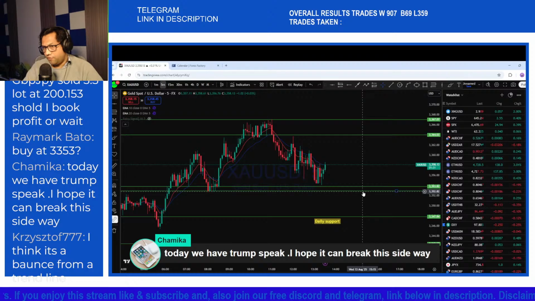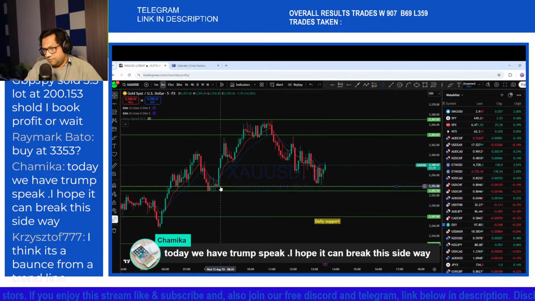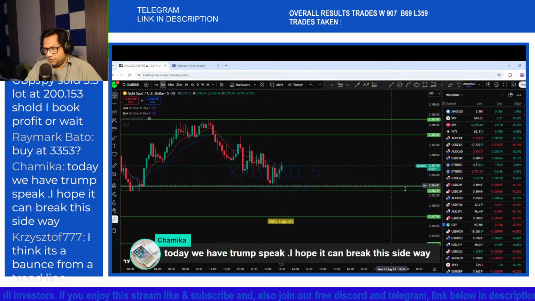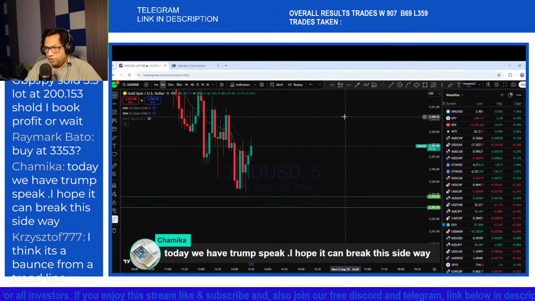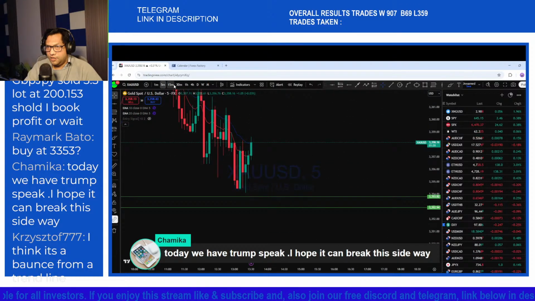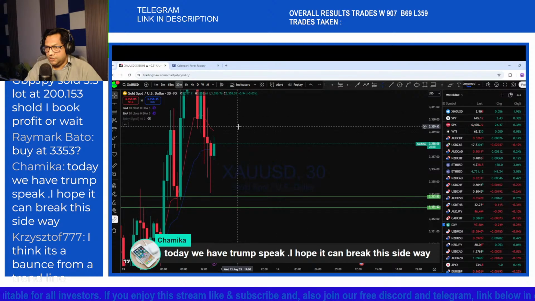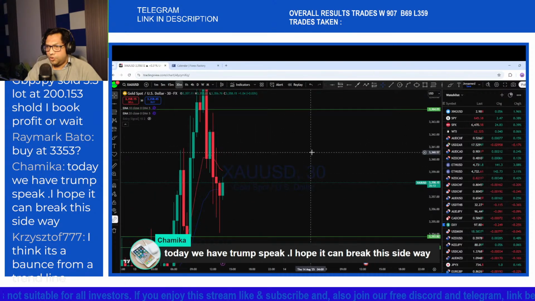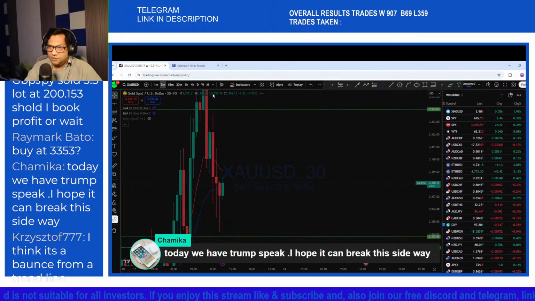From this order block, from this support level, this is a liquidity grab here in that area. What I think is the market is going back again for possibly another retest of this 30-minute resistance, to potentially come back again.